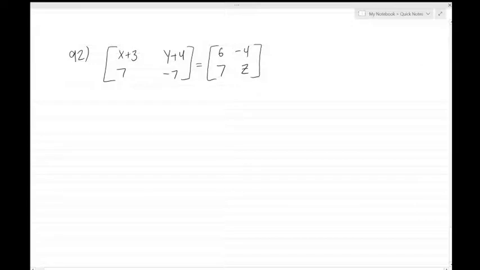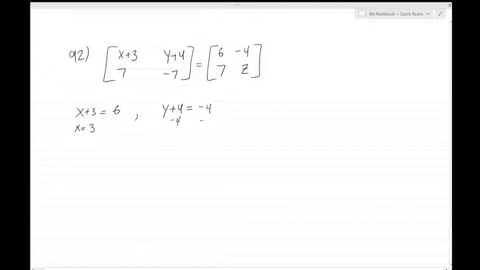But in this case, we have x plus 3. It's in the spot 1, 1, but so is number 6 on the other matrix. Therefore, they must be equal to each other. Well, if we solve this using algebra, we get that x is equal to 3. Perfect. Then we have y plus 4 is equal to -4.